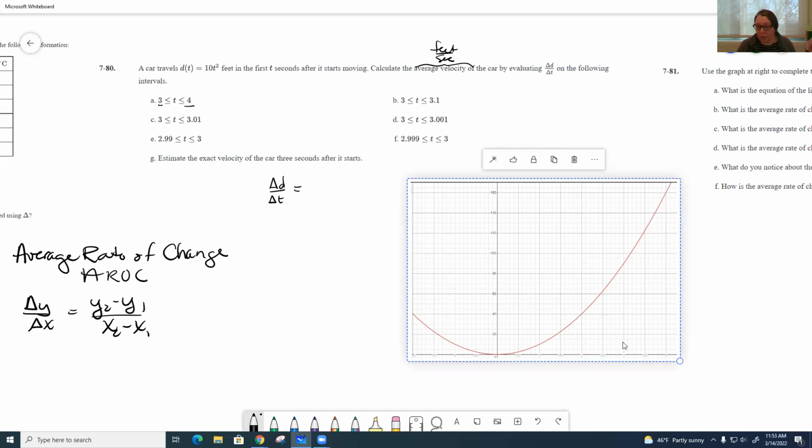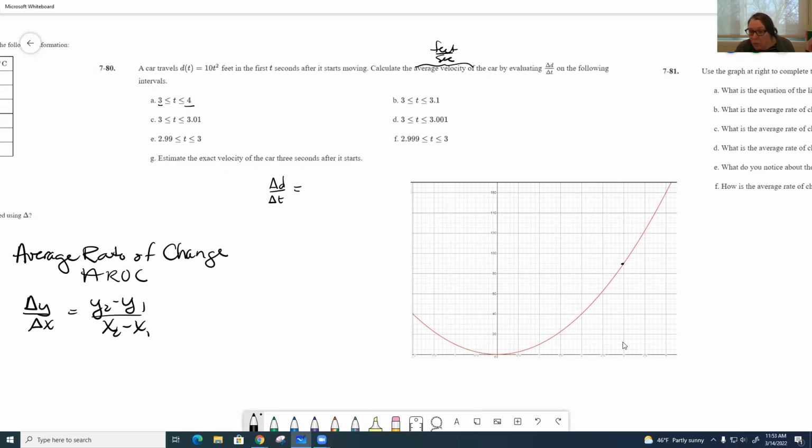So what I want to know is the change from when t is 3 to t is 4, which is up here. So I know it's 3 comma something and it's 4 comma something, but I don't know the y values like I did before. So I'm going to have to get my y values by using this rule.